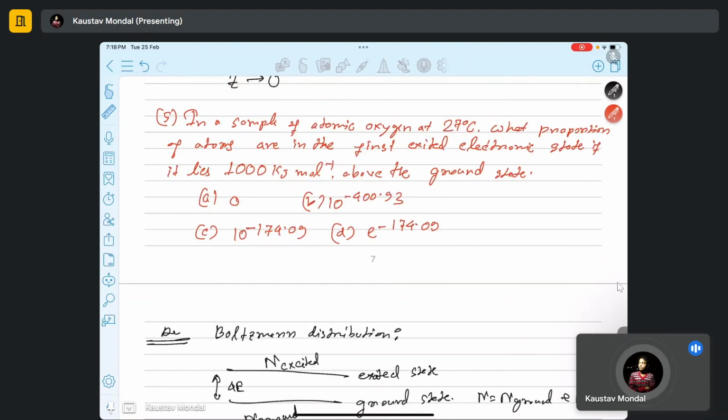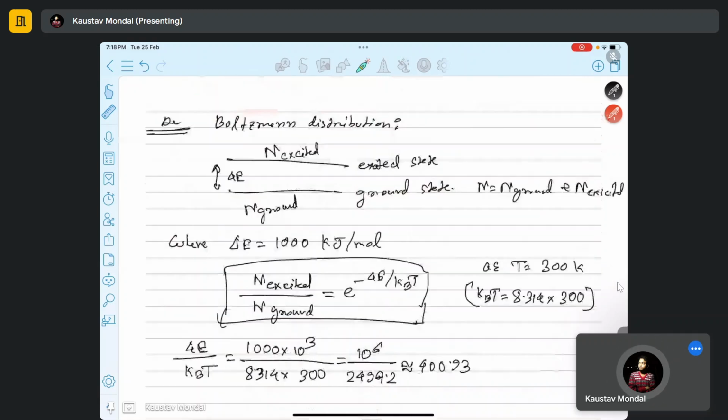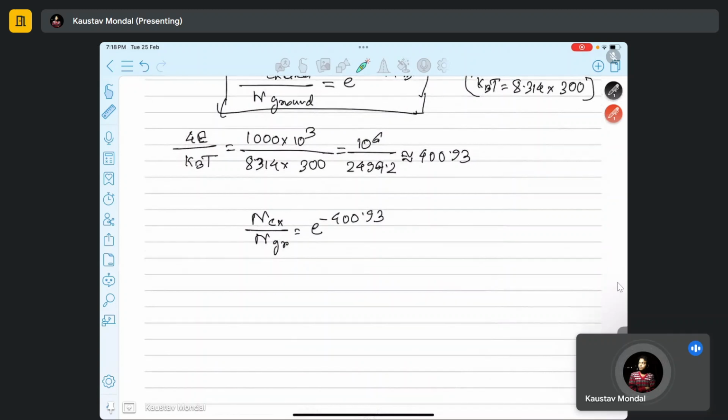But in the answer, they have written it in terms of 10 to the power. So actually you have to change the base. In order to do it, we simply change the base of this exponent.